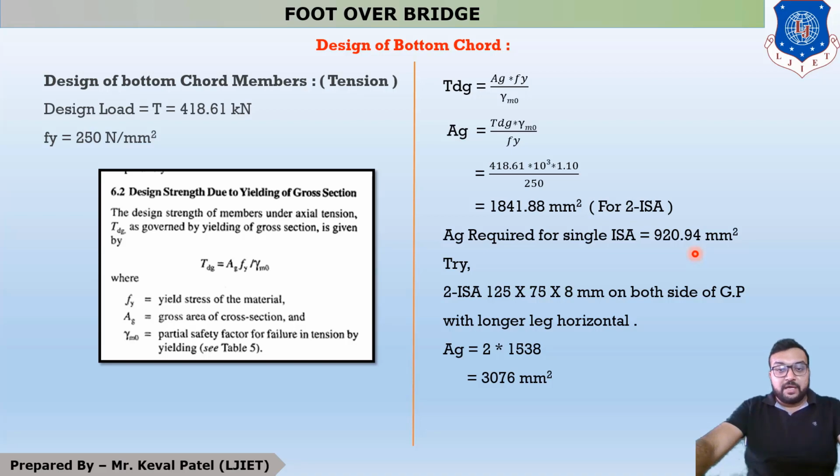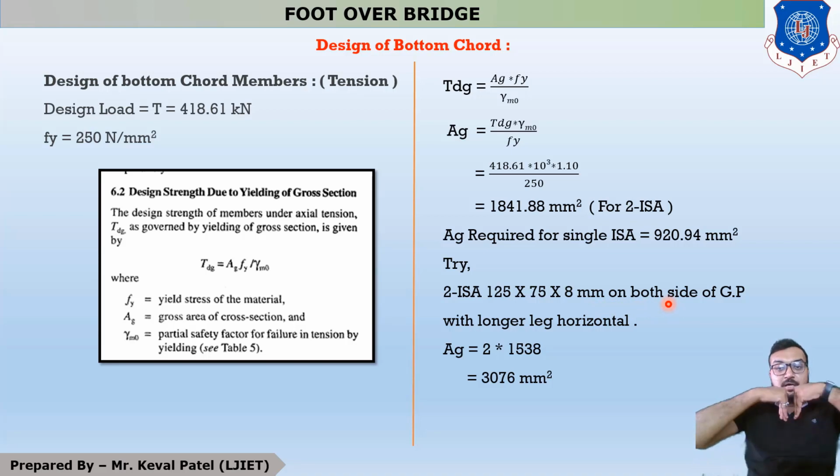Now with the help of the steel table you have to check and provide your assumed data. Now your selected section is not the final section, therefore we have to try some ISA. So you can see that our trial and error 2 ISA section is 125 cross 75 cross 8 mm on both sides of the gusset plate.